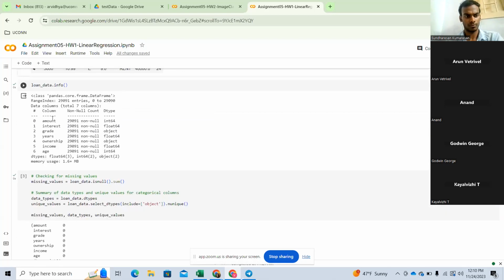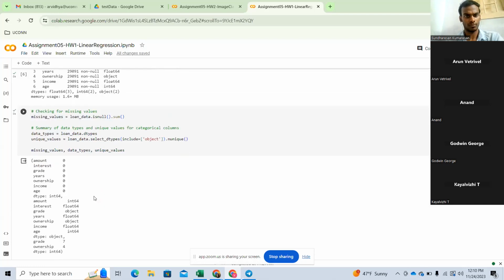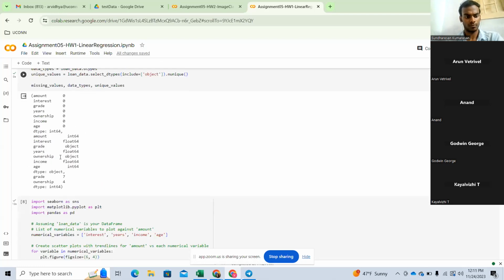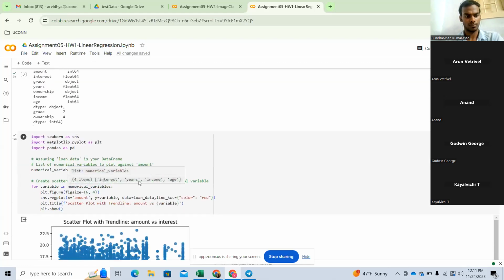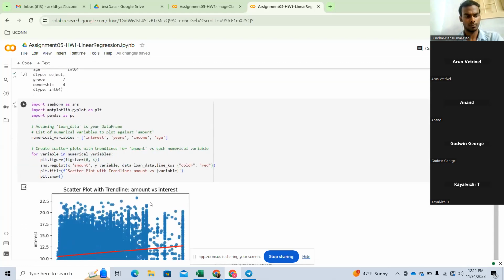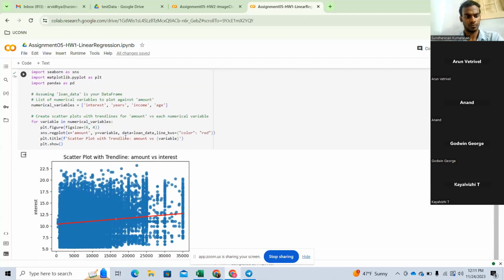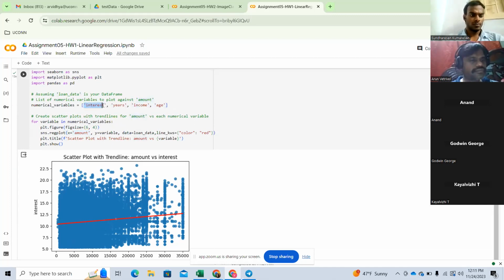This is the basic loan info, and I checked for basic EDA, like whether it has any missing values. Before I began, I wanted to see the correlation between different variables, that is, the amount, which is what we want to predict, and its correlation with interest, years, income, and age.